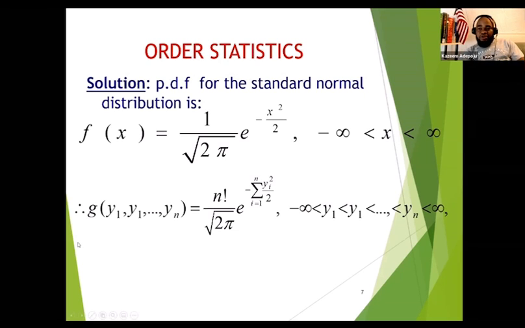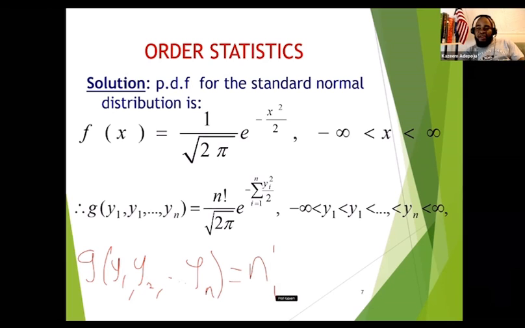It's going to be g of y1, y2, and so on until you get to yn, is going to be n factorial, f of y1 multiplied by f of y2, and so on, up to f of yn.